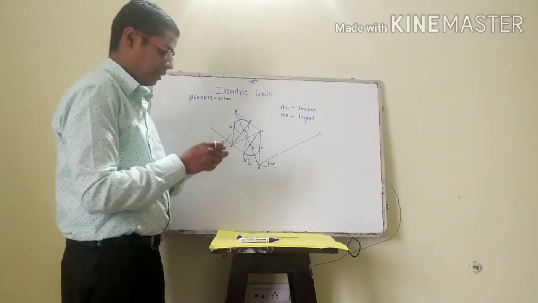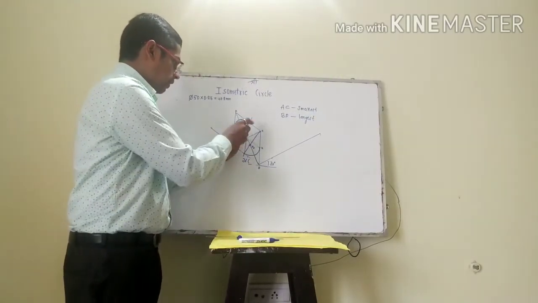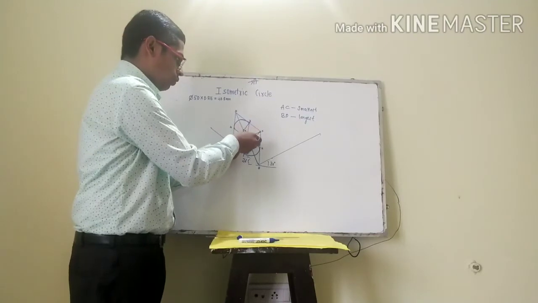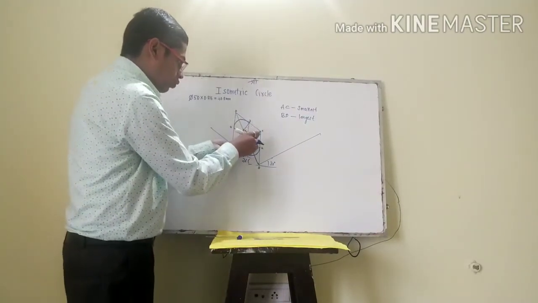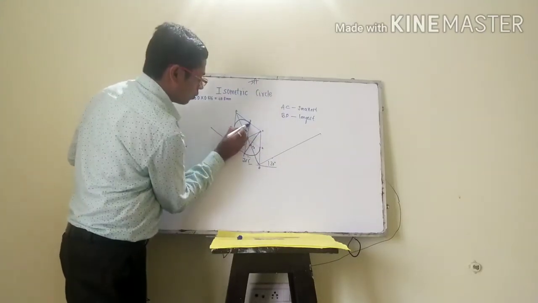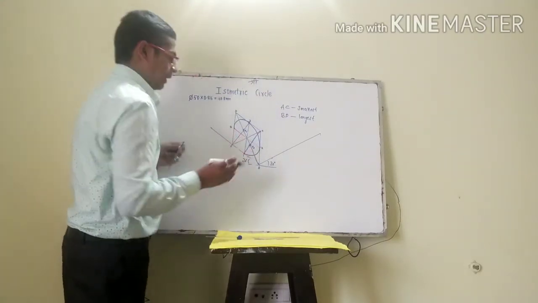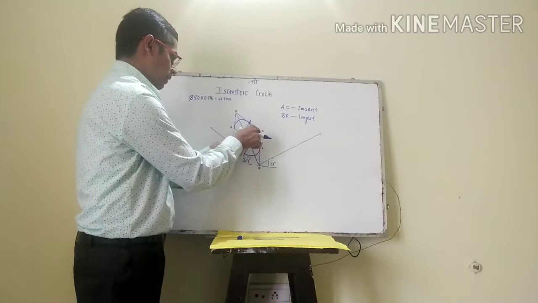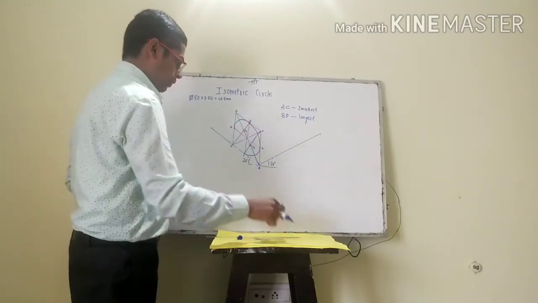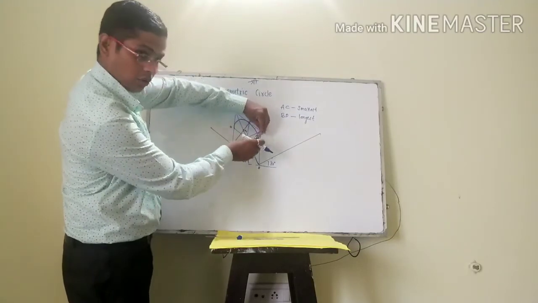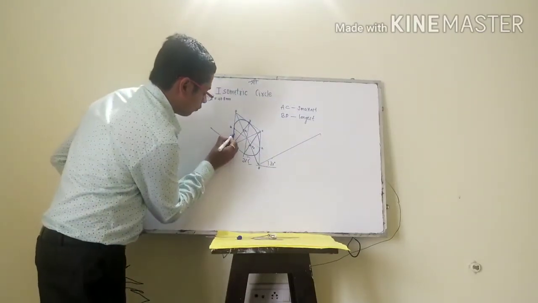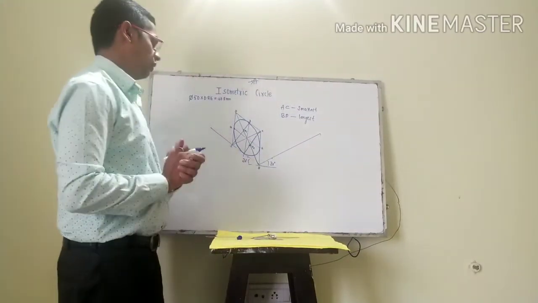Then next, consider A as your center, connect 3 to 2. So see how I am joining. Then considering C as a center, 4 to 1.